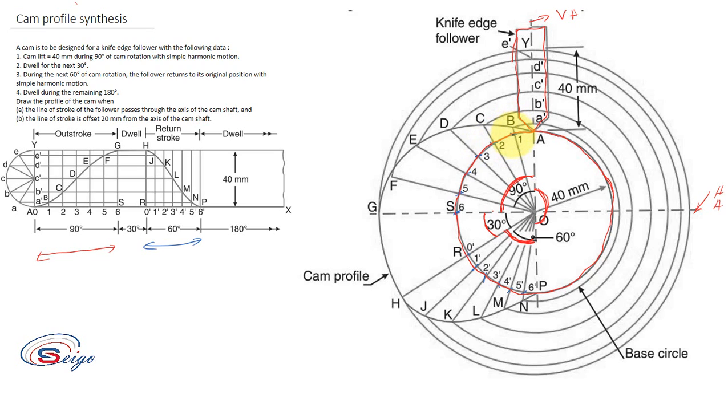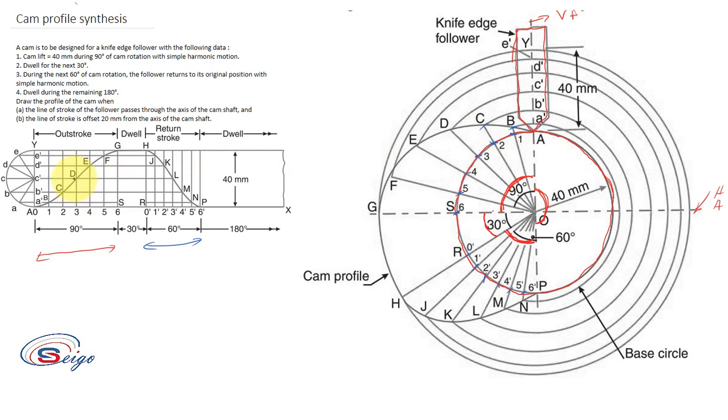Place your compass at 1 and cut an arc here at B. Again take the measurement 2C, place your compass at point 2, then cut an arc at C.